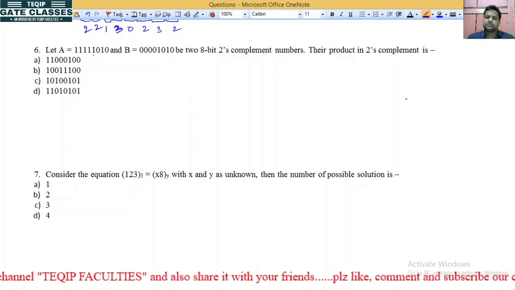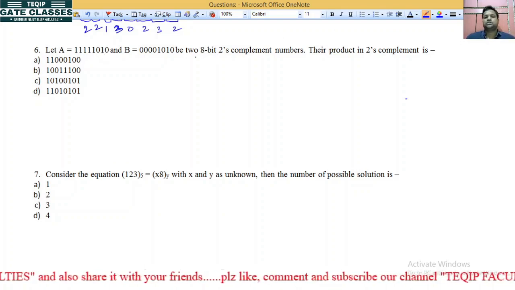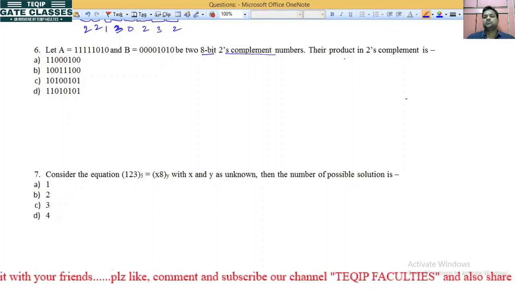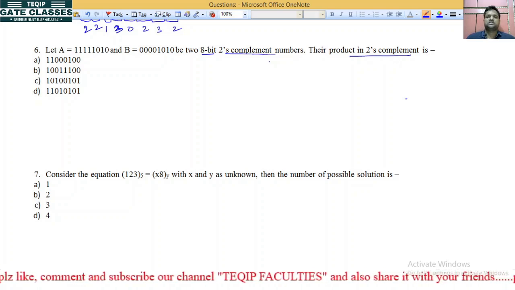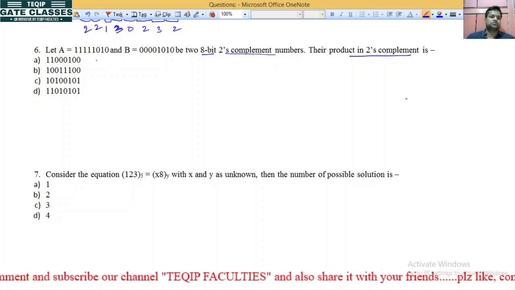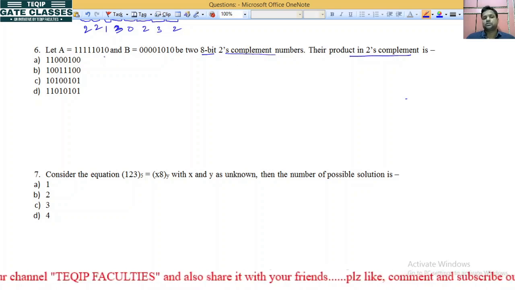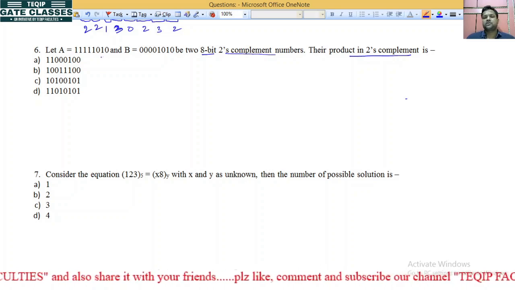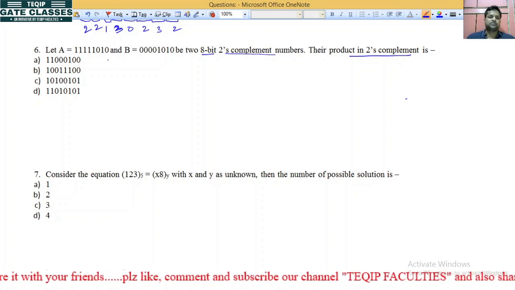So let us try the sixth question. In the sixth question, the value of A is given, B is given, and they are 8-bit 2's complement numbers. So their product in 2's complement is asked. Okay? I already told you, whenever multiplication, division or anything is given, you don't go for binary multiplication, you go for decimal multiplication.